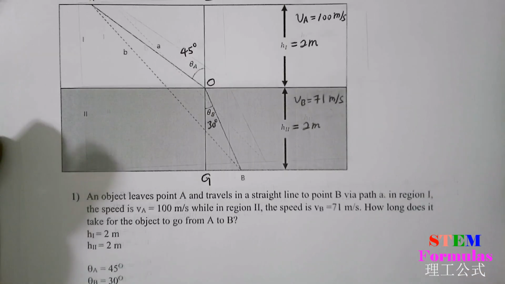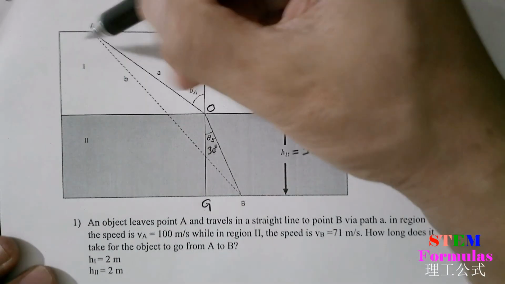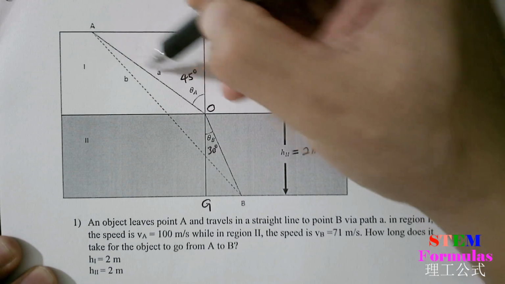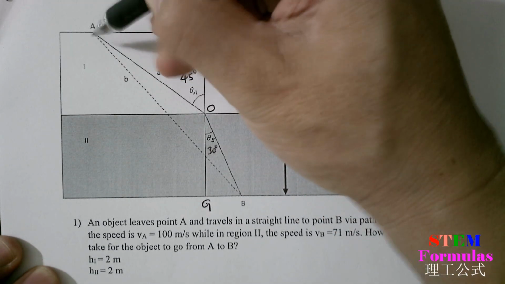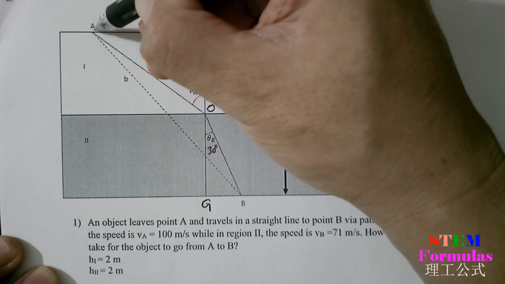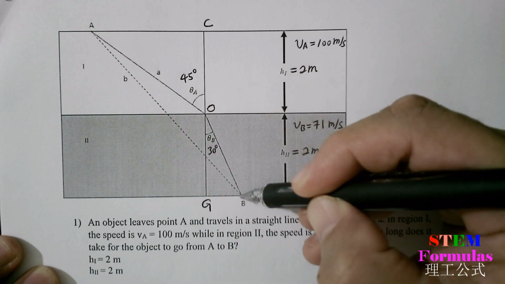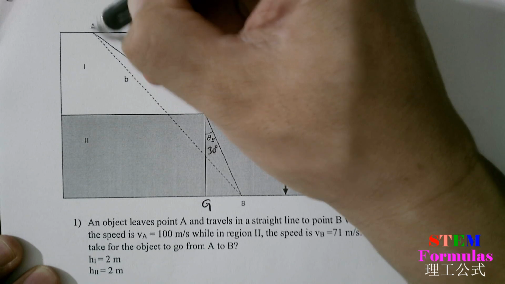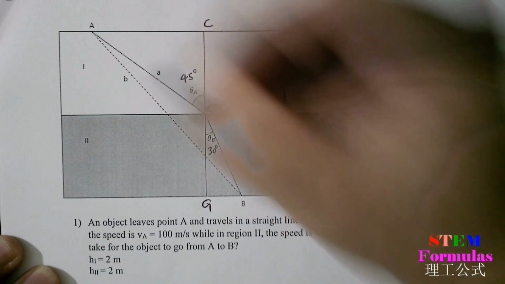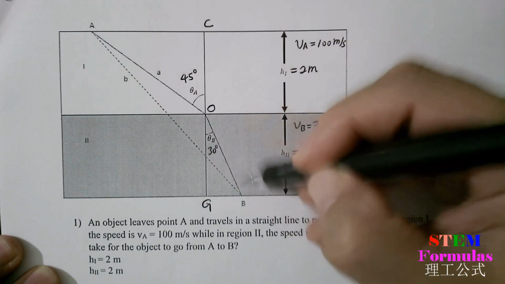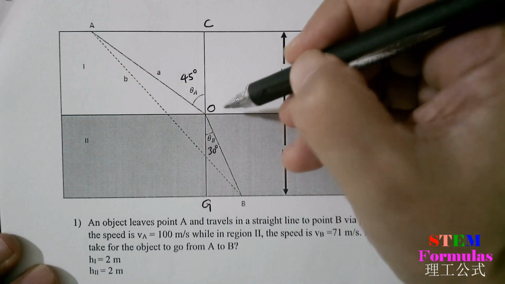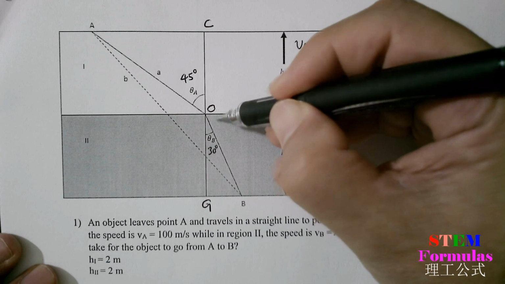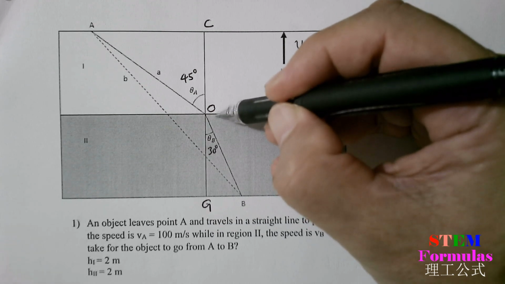For light, looking for the least time path, the light will go through A and O and B, not A and B on this line. So this light will go here. This is the basic principle of the law of refraction.